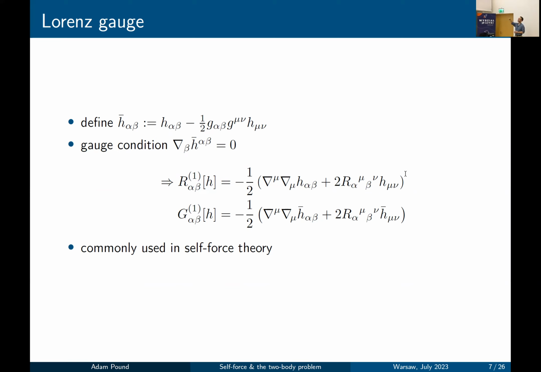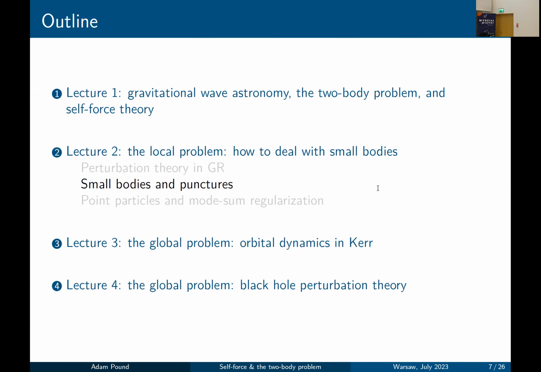This is vacuum background. In that case, to go from Ricci tensor to Einstein tensor, all you do is put a bar on top of H. So the trace reversal is very simple. This gauge historically was very useful in the self-force context. So I'll be using that quite a bit.